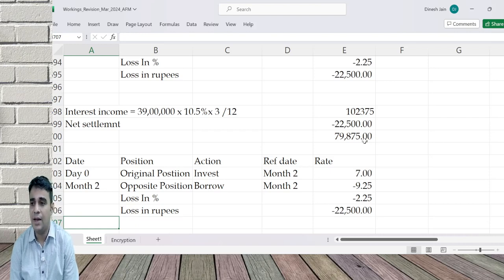Please attempt it. I want you to do this. I can quickly rush through the solution, but it doesn't help.